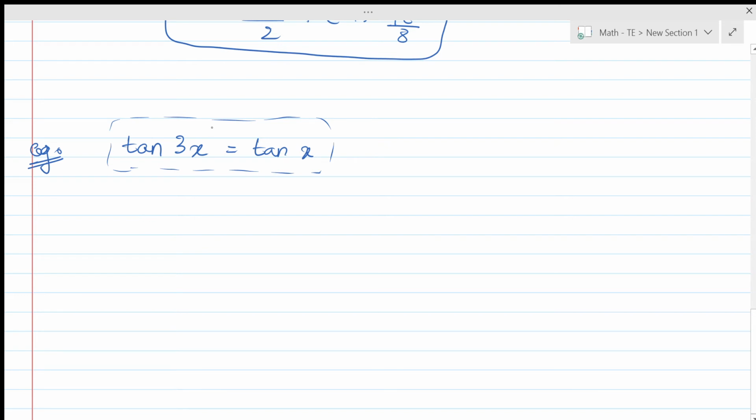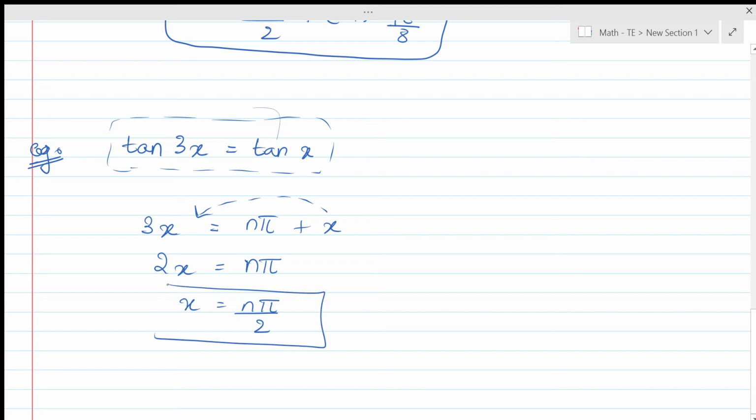We can keep this as x and this is our alpha, very simple. 3x is equal to n pi plus x. You could bring this x here. So 2x is equal to n pi and x is equal to n pi by 2. This is your general formula.